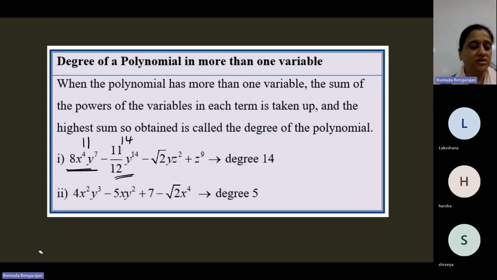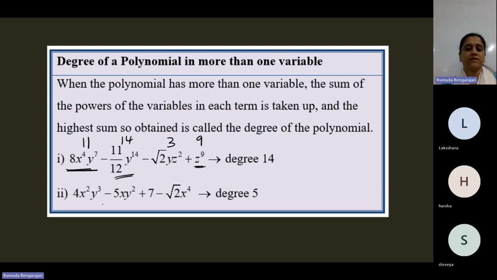So write 3 for the third term. Fourth term. Only one variable and its power is 9. Write that. Now, which is the greatest of these four numbers? 14. So the degree of this polynomial is 14. The highest power, the greatest of these four numbers, is 14. So the degree of the polynomial is 14.